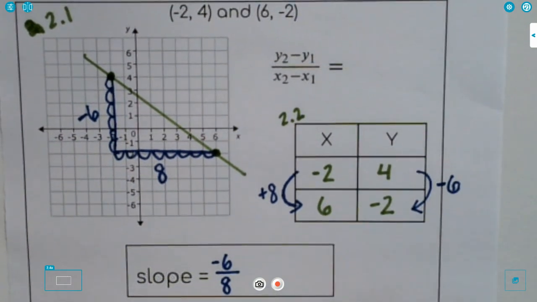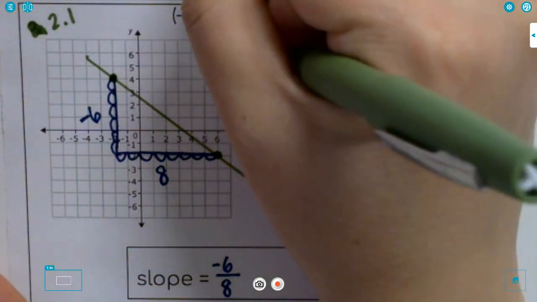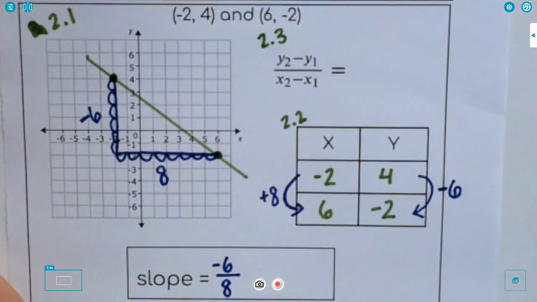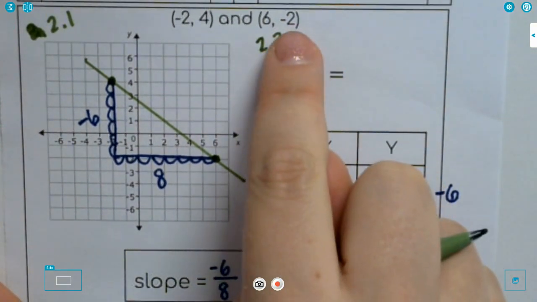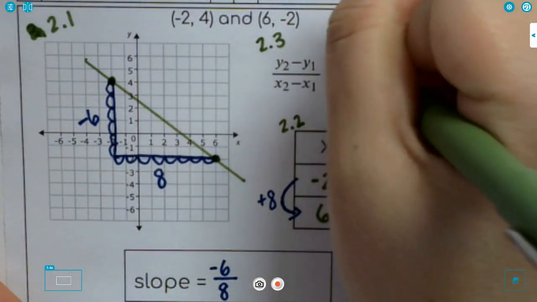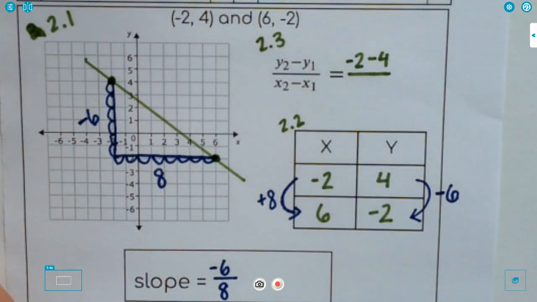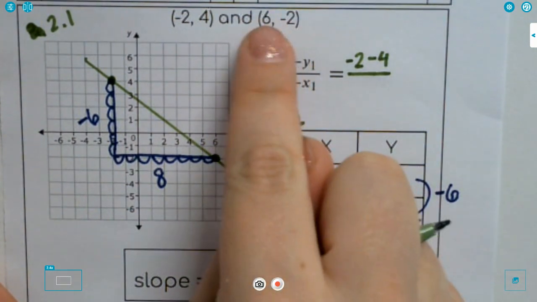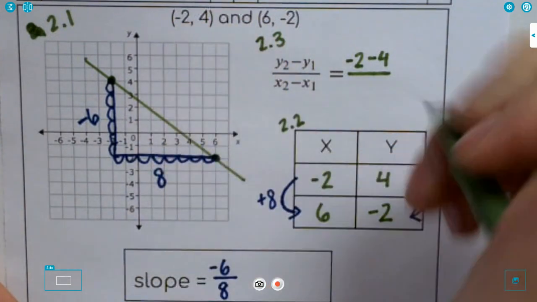Okay, the last way that we know how to find slope is 2.3, what we did today, which is y2 minus y1. So that's going to be negative 2 minus 4 over x2 minus x1. So it's going to be 6 minus negative 2.